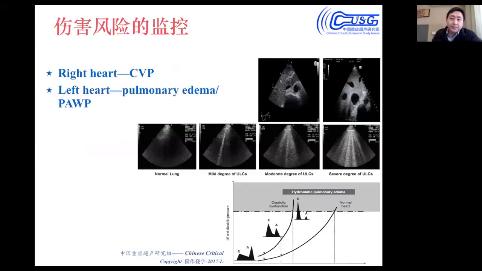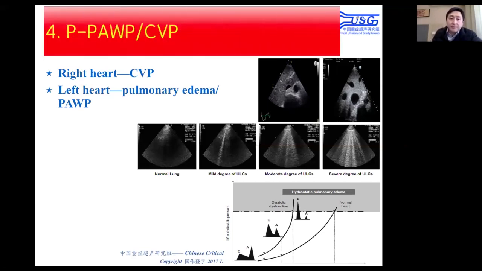But when we do fluid resuscitation, we should be cautious that fluid administration could lead to hypervolemia and cause fluid overload, and the fluid overload could increase the CVP value, worsen the pulmonary edema and increase the PAWP.